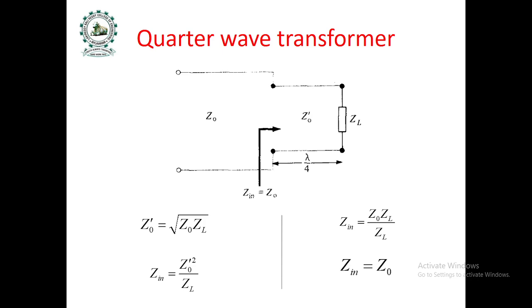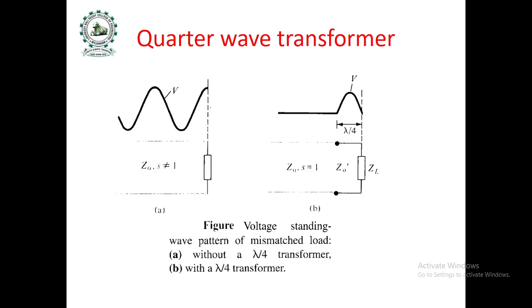So automatically the input impedance of the lambda by 4 line is equal to Z0. So there is matching between the main line and this load. This is without the lambda by 4 line, and this is with the lambda by 4 line. With the lambda by 4 line, almost the entire energy is transmitted from source to load without much reflection.